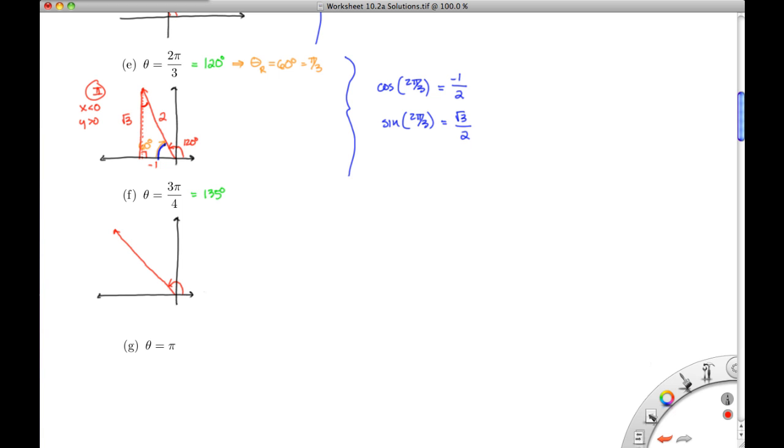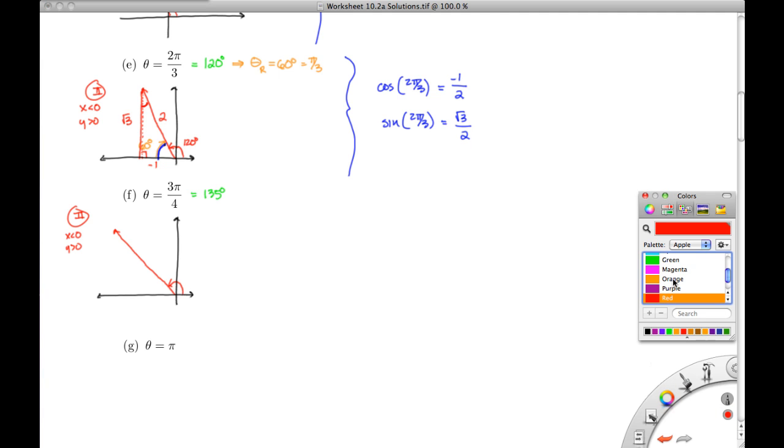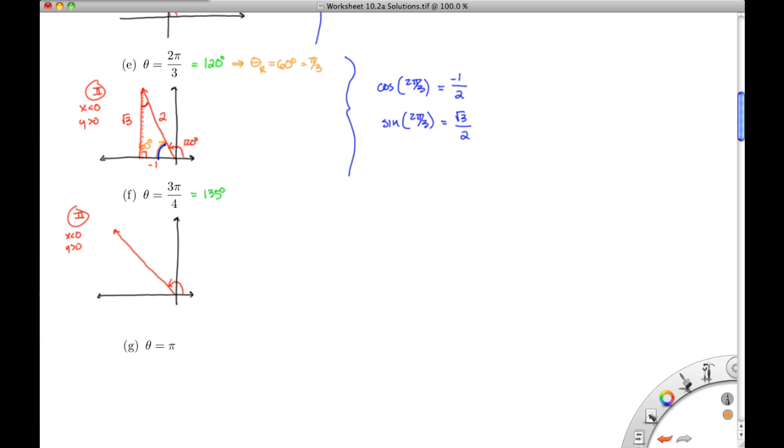So there's our rotation of 135 degrees. However, we're in the second quadrant, so we're going to come up with a reference angle. In quadrant 2, we know that our x's are negative and our y's are positive. And to get our reference angle, that's going to be this angle right there.